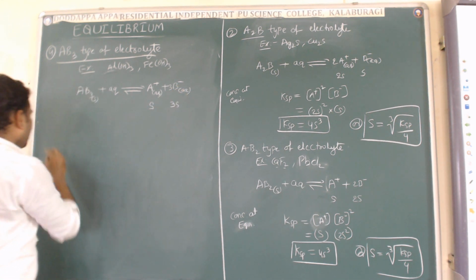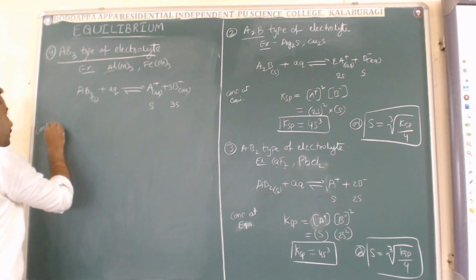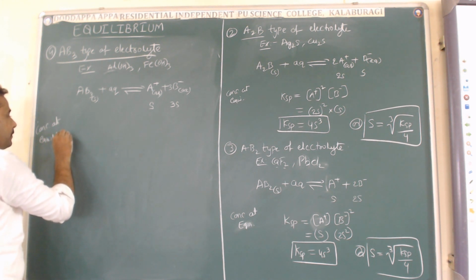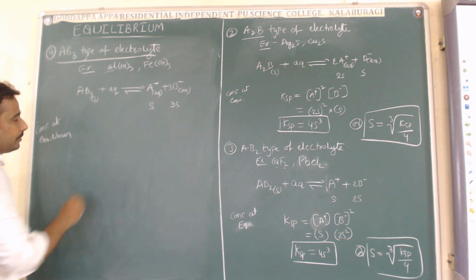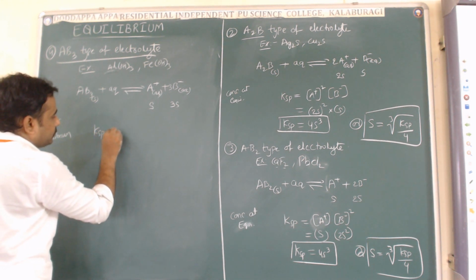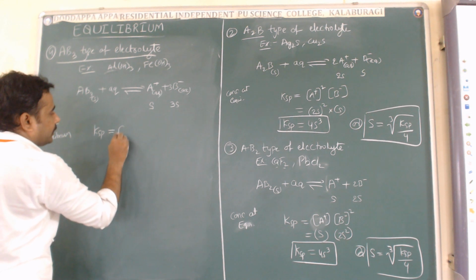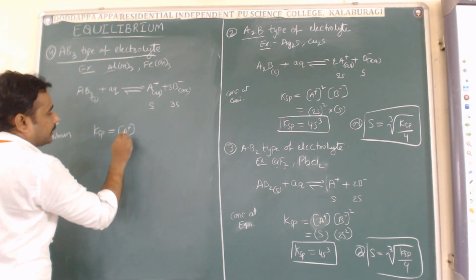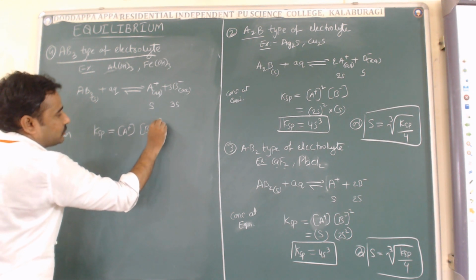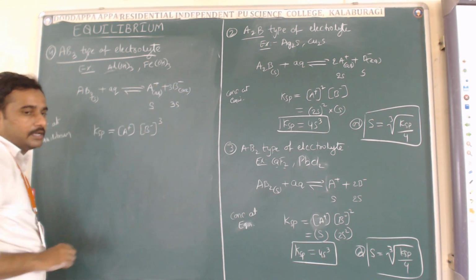Next, concentration at equilibrium. KSP is equal to A plus into B minus raised to the power 3. This should be raised here.